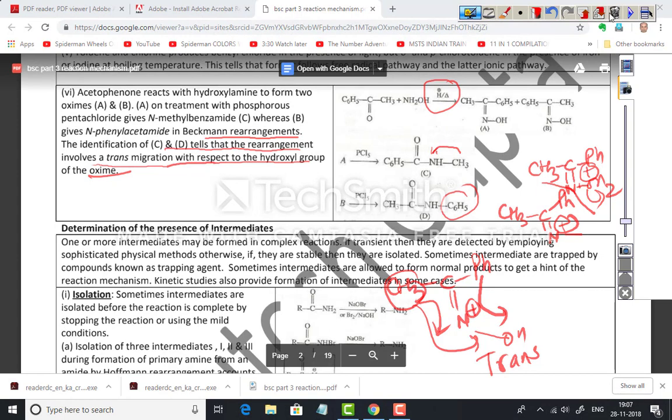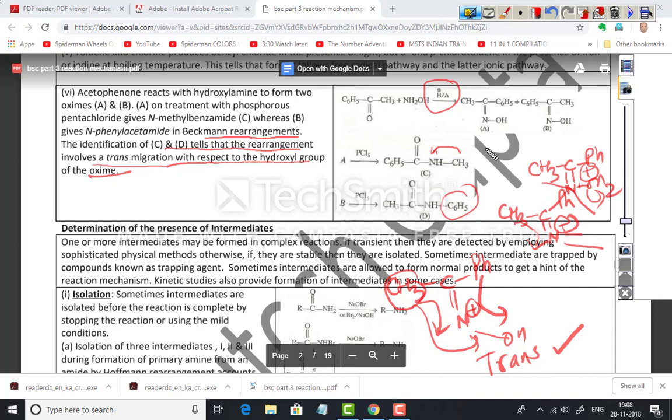Let's see what they are saying: the identification of C and D tells that the rearrangement involves this. So A gives this thing. This can happen only when CH3 migrates, say, trans migration.